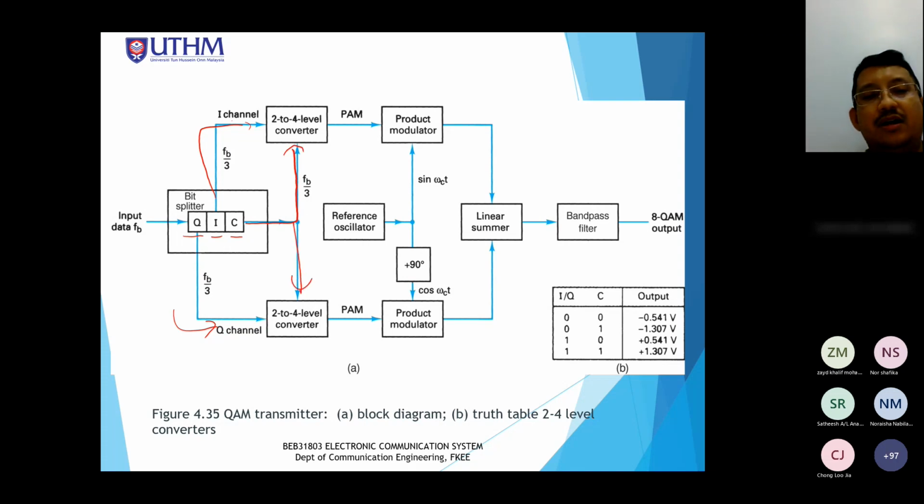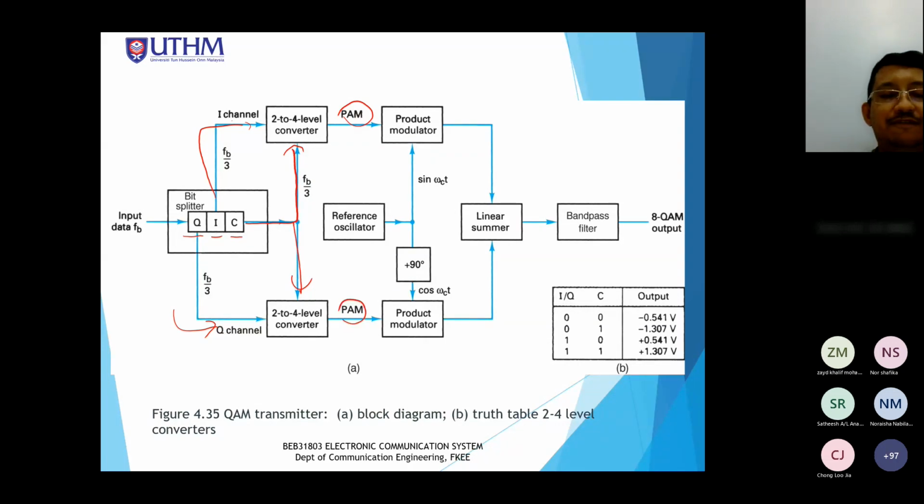That means each level converter receives 2 input bits, and it will produce 4 different output voltages. So 2 input bits produce 4 unique output voltages, which is what we call the PAM signal, pulse amplitude modulation signal.